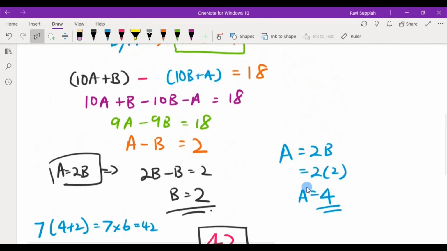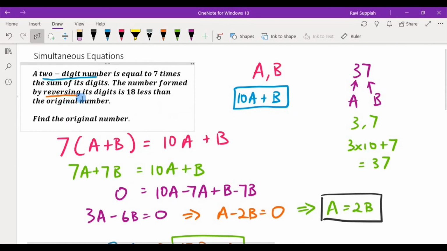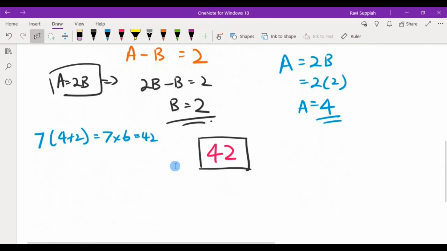The second piece of information: if I reverse the digits, the new number is 18 less than the original number. 42 minus its reverse, 24, gives 18. As you can see, both conditions given in the question are satisfied, so we can confirm that this is the final answer.